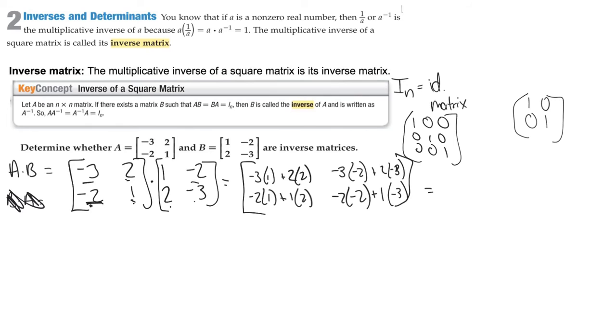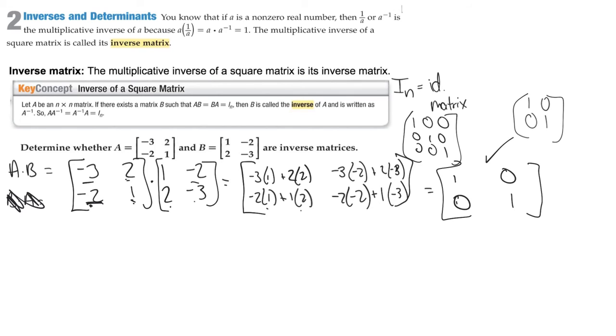Let's see, we get negative 3 plus 4, that's 1. Negative 2 plus 2, that's 0. The top right, that's 6 minus 6, that's 0. And then 4 minus 3, 1. So that right there, A times B, did give us an identity matrix.